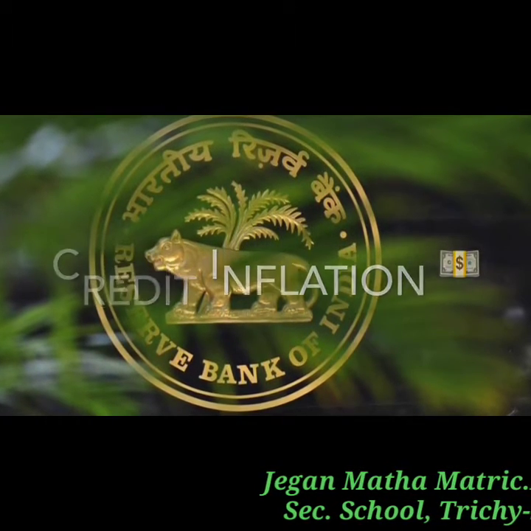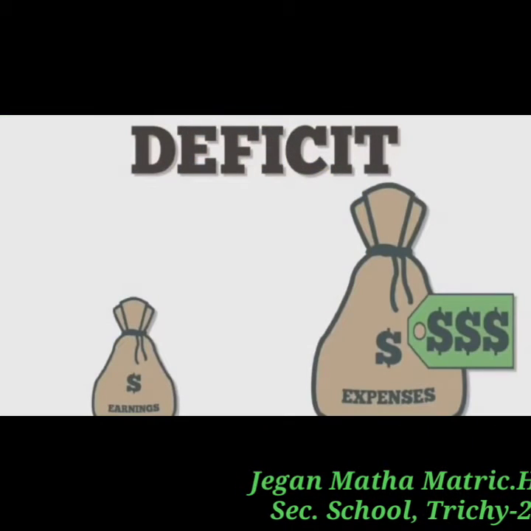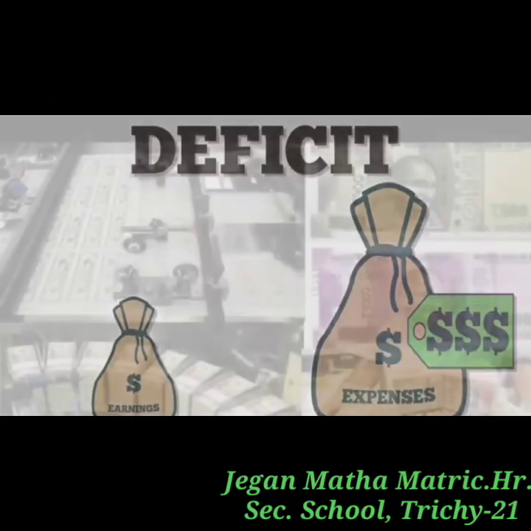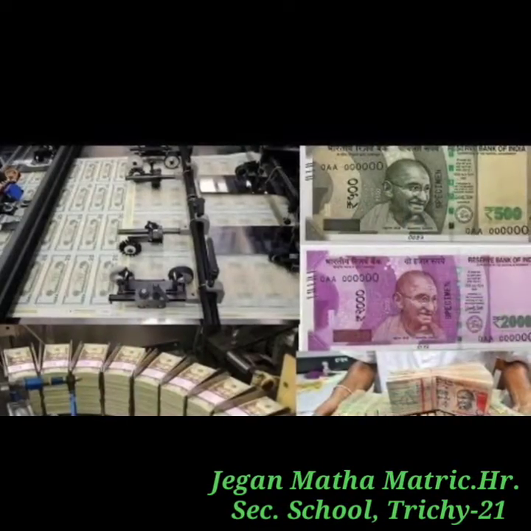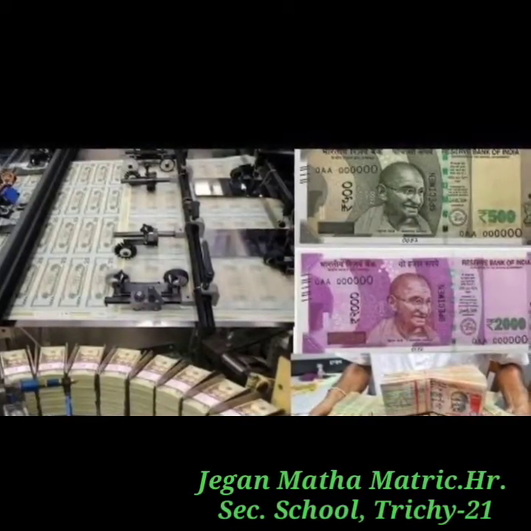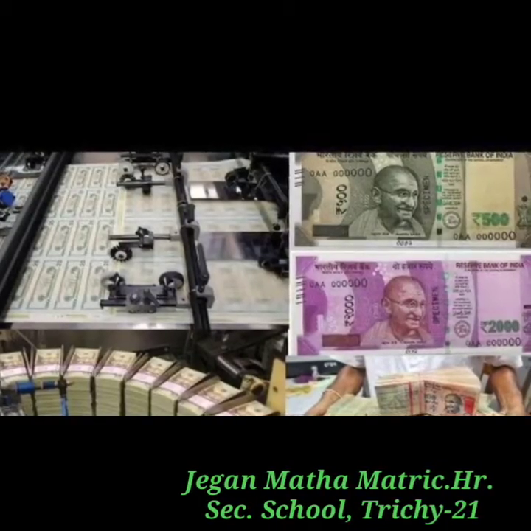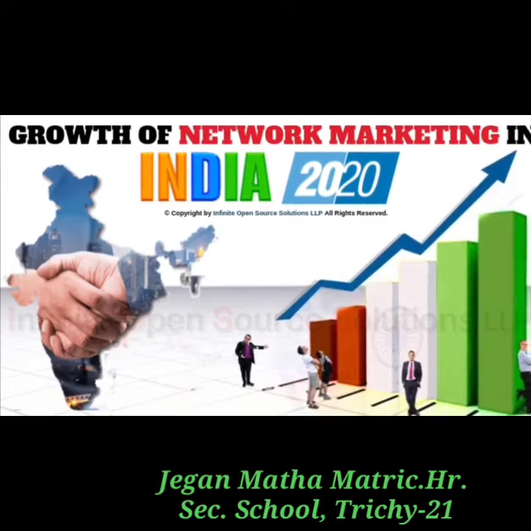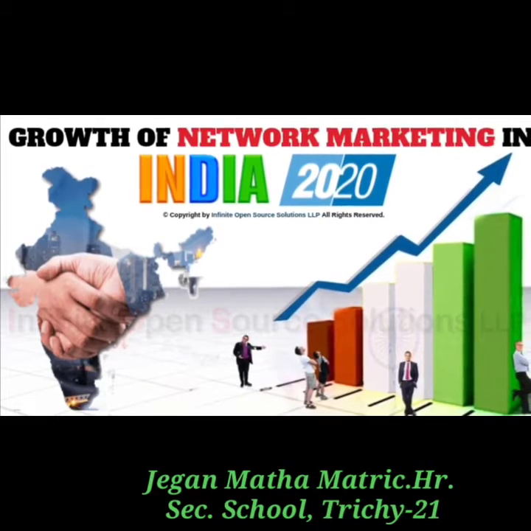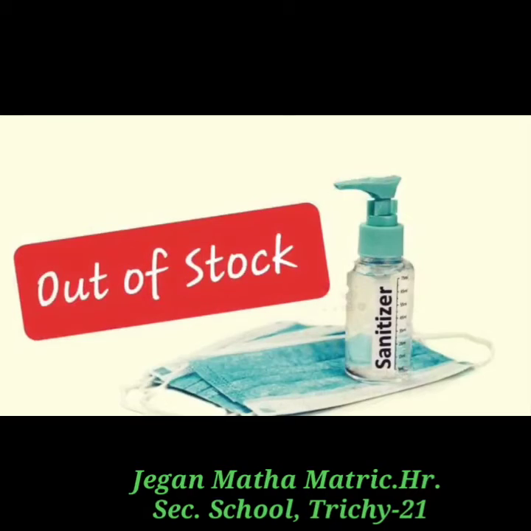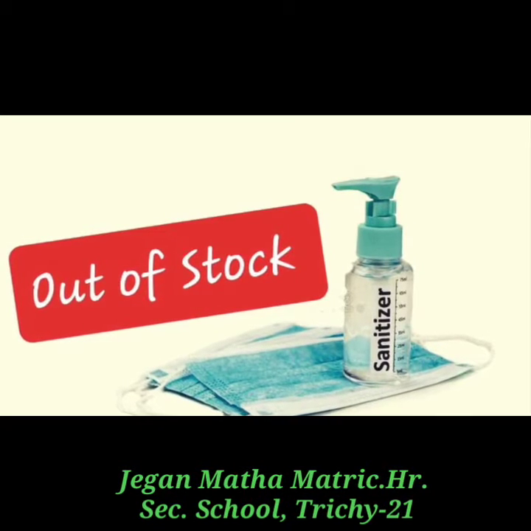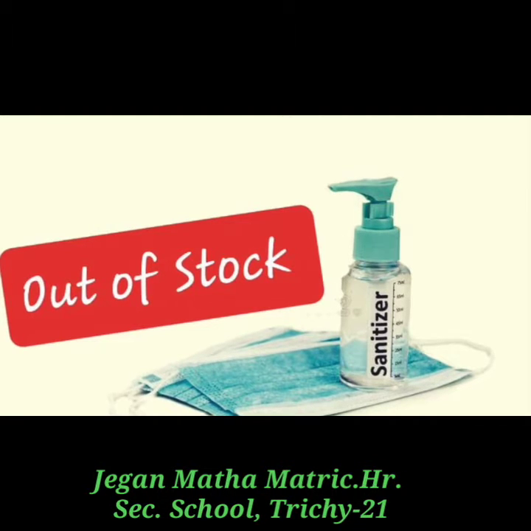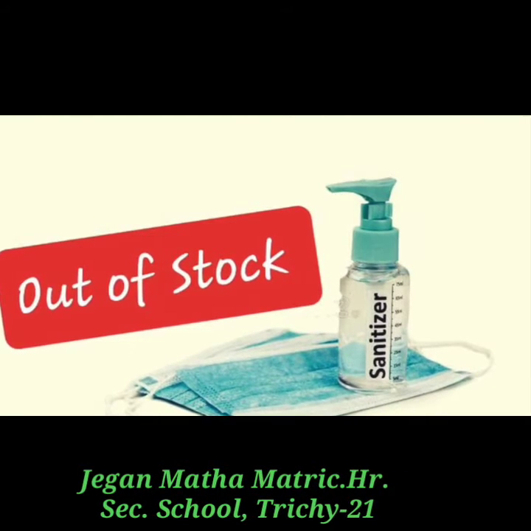Deficit is when there is a deficit in the financed budget, then automatically the RBI prints currency. Profit is when firms and industries aim for higher profit, so they increase the price level. And scarcity is when goods and services are scarce due to hoarding or black marketing or a fall in production, so automatically prices rise.